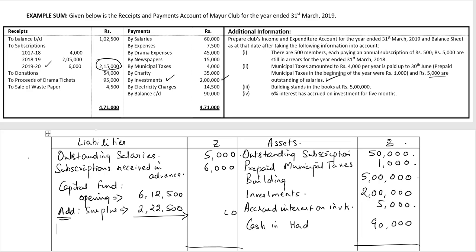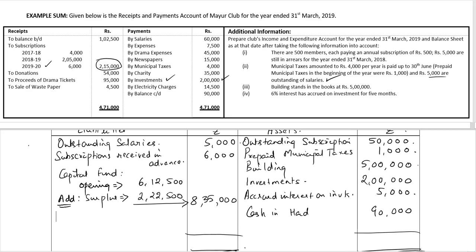The amount to be taken to the outer column, 8,35,000 rupees. Let's check if the balance sheet tallies.